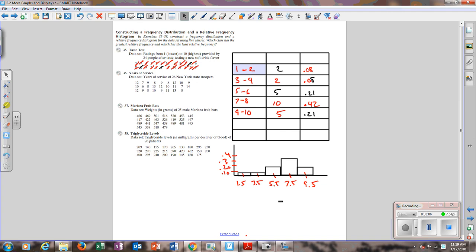Okay, we're going to separate this one into 5 classes as well. Years of service of 26 New York State Troopers. You back away from this and then come back to it, so we can zoom back in.